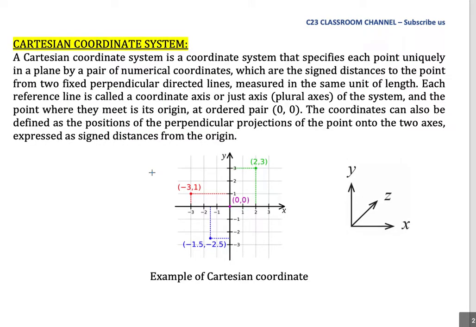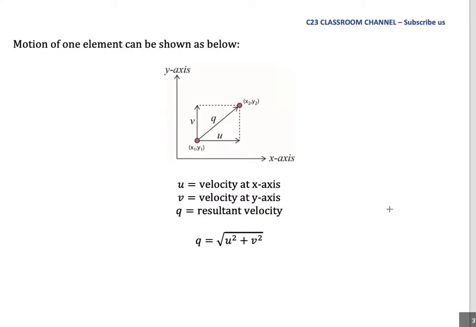In Cartesian coordinates, we will have the x, the y, and sometimes we will do the 3D, three-dimensional. So we will have another axis which is called the z-axis. I think you already know this when we talk about the axis. So we have velocity, the motion of the molecule.